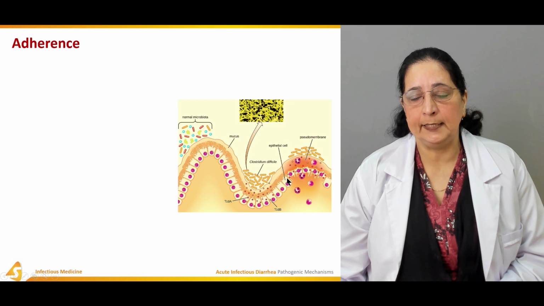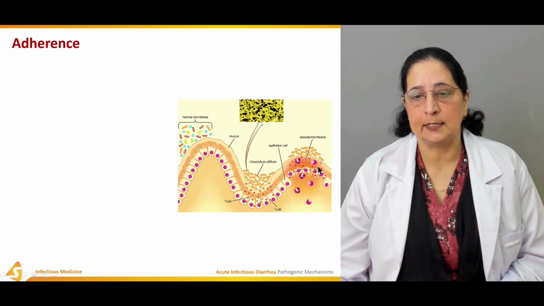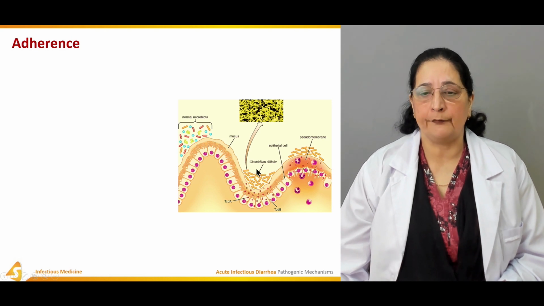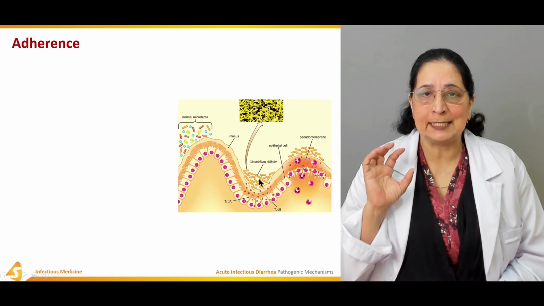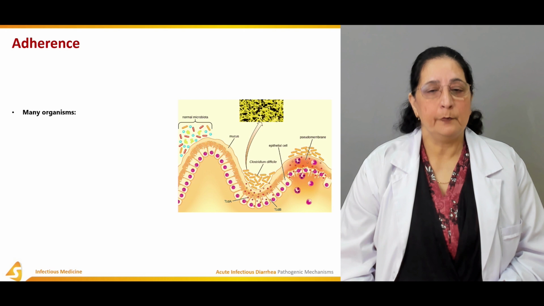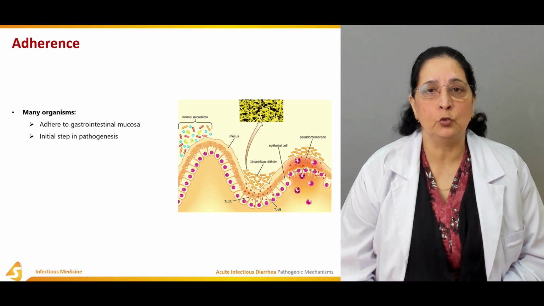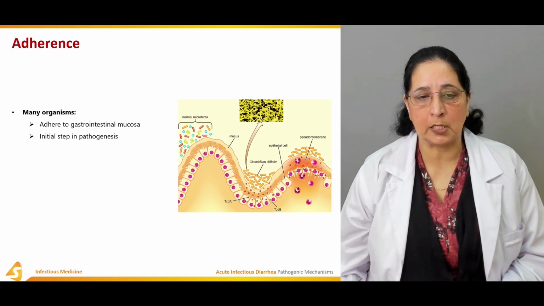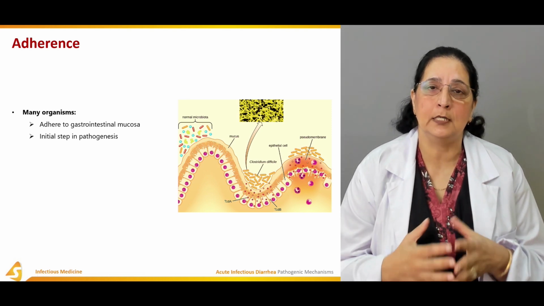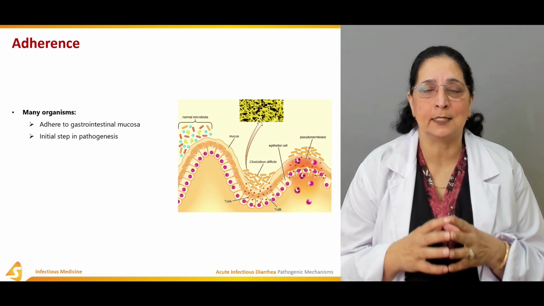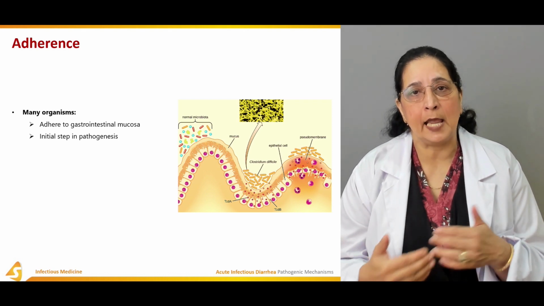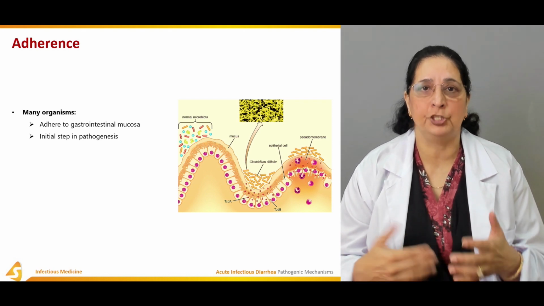Then we have epithelial cells, and this is the pseudomembrane. And here you can see Clostridium difficile attached, or adherent, to the lining. So many organisms adhere to the gastrointestinal mucosa, the initial step in pathogenesis. Different microorganisms, once they reach the intestine, adhere to the mucosa, and from there the mechanism of infection starts.